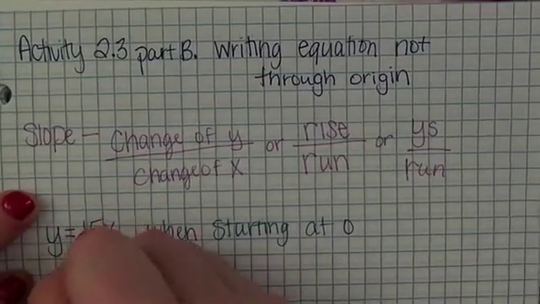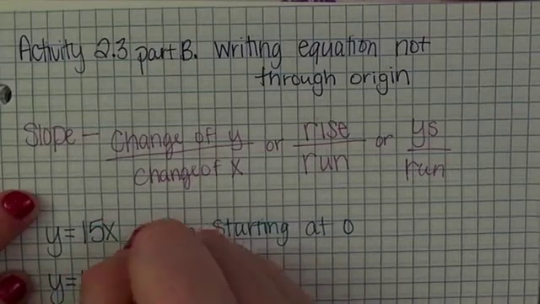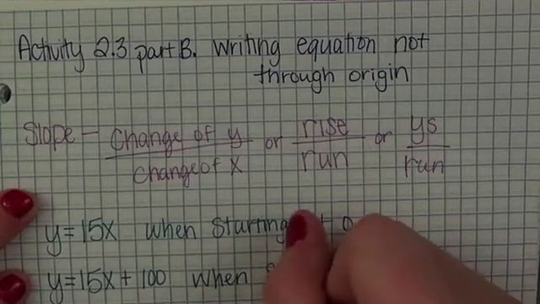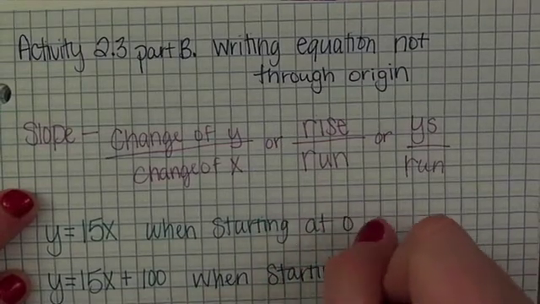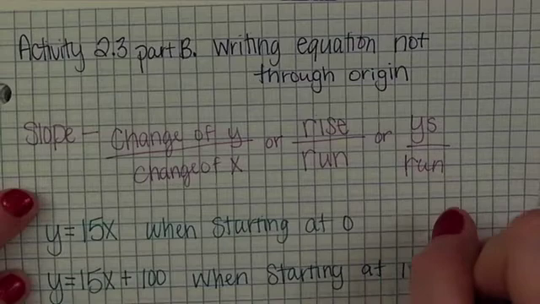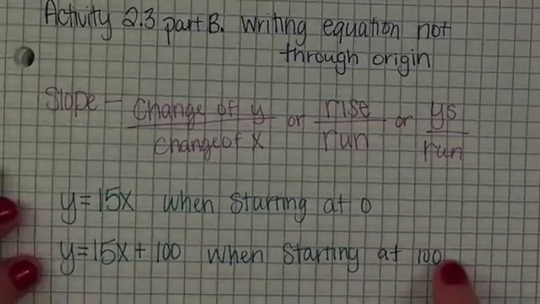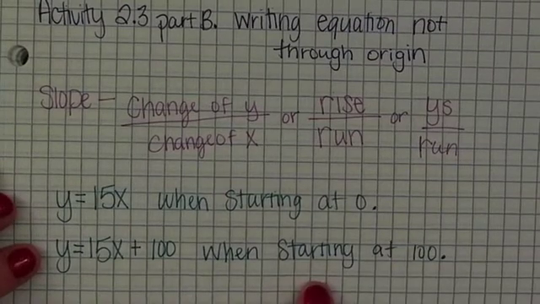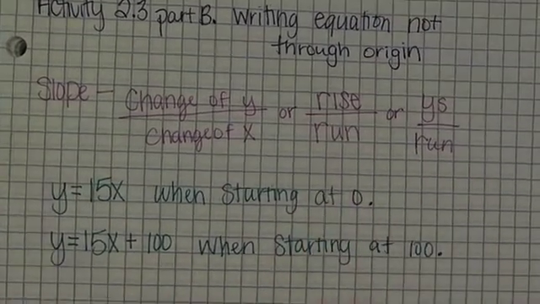Then it was y equals 15x plus 100 when starting at 100 miles. So they started 100 miles further ahead. So that's why everywhere along there, they're going to be further ahead.